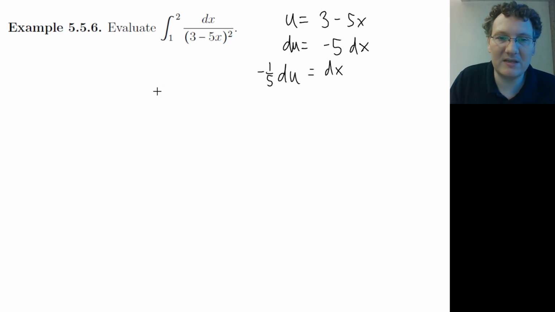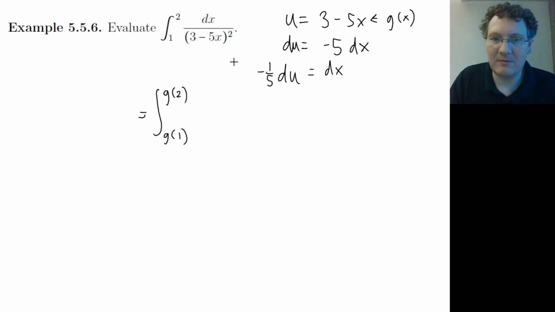I can make that replacement. Now u is g of x, right? So I'm going to write g of 2 and g of 1 as the bounds, and I'm going to have a -1/5 du, so that's part of it, and then I've got 1 over u squared.